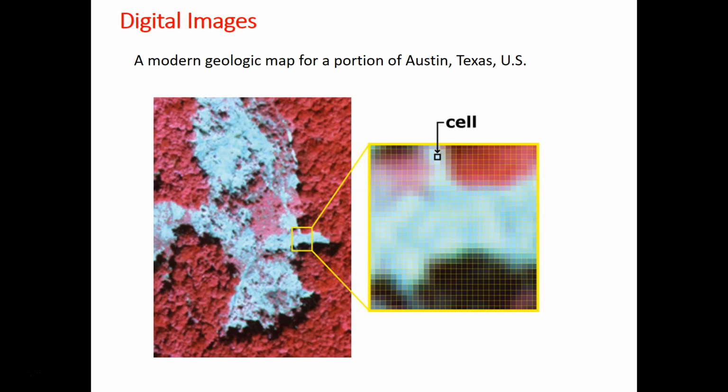Oh, here you have another example. This time it's a false color image, another topic to cover later, and it's a geologic map for a portion of Austin, Texas. And as you can see, if you zoom in, you will see those cells. We call them pixels. This is actually a composite image. A composite image is an image that is composed of multiple bands.